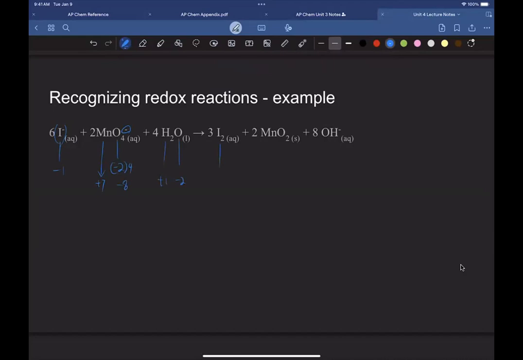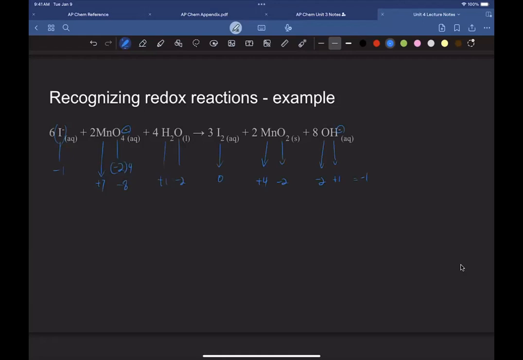Now we're on the product side. Since this I2 is elemental, it is going to be 0. In MnO2, O is usually -2, and Mn is going to be +4. And in OH minus, O is -2. H must be +1 because it has to equal -1.